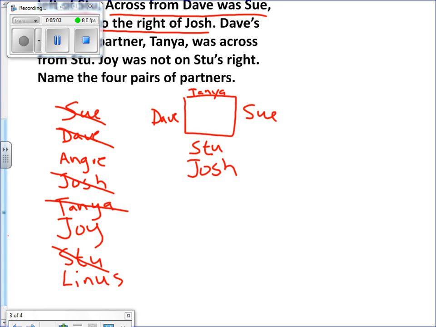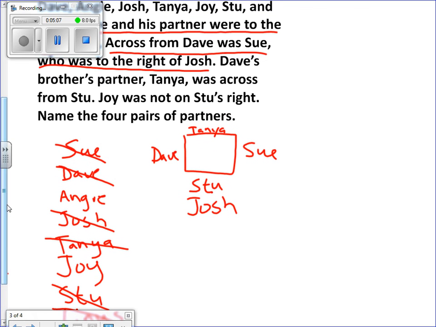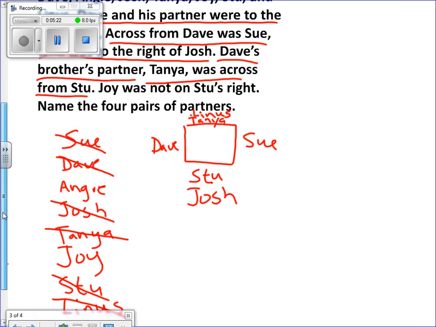The only other boy name we have is Linus. I seriously doubt Angie or Joy are boy names, but you never know. But I'm going to call this Linus, because that's clearly a boy's name. So Dave's brother's partner, Tanya, was across from Stu. So now they can get crossed off my list. Perfect.